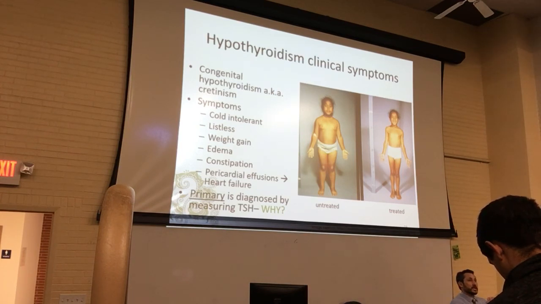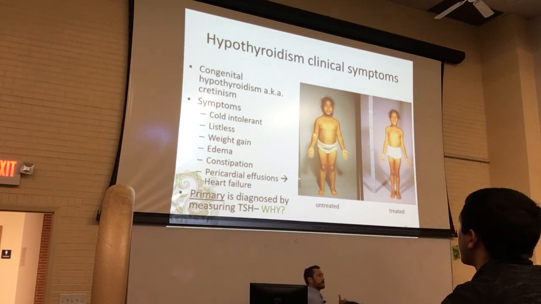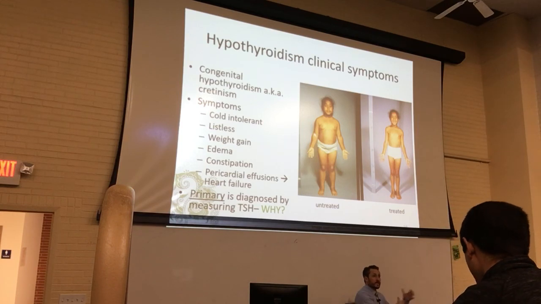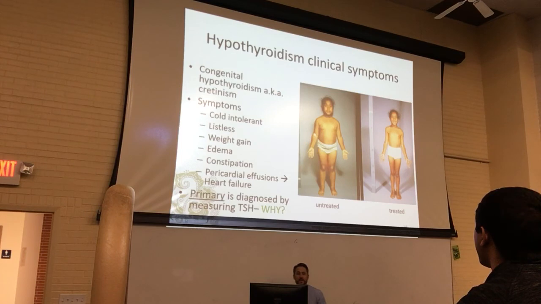And left unchecked, that could actually progress to heart failure later in life if you don't do anything about it. And this congenital hypothyroidism, another name for it is cretinism. So you might see that term show up on the exam or in one of the post quizzes. Cretinism, that's hypothyroidism, and it's typically referred to in children.